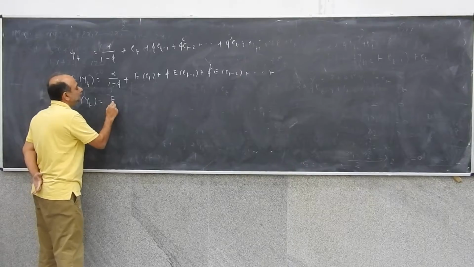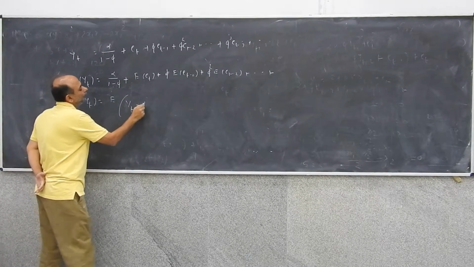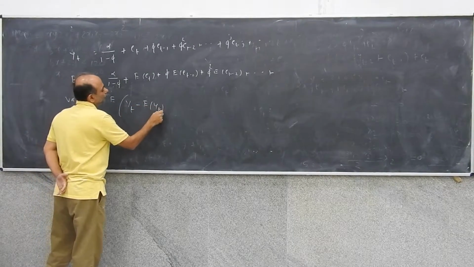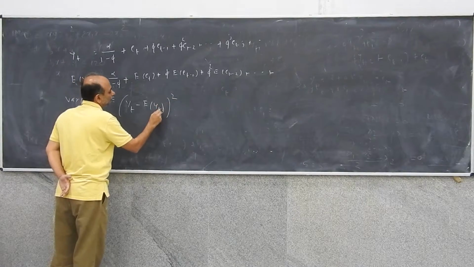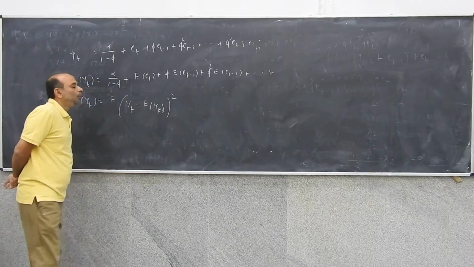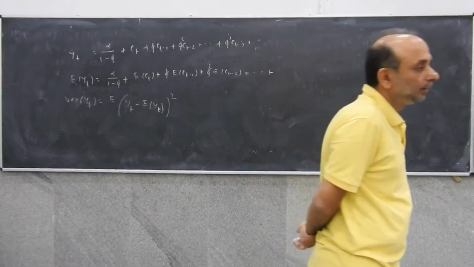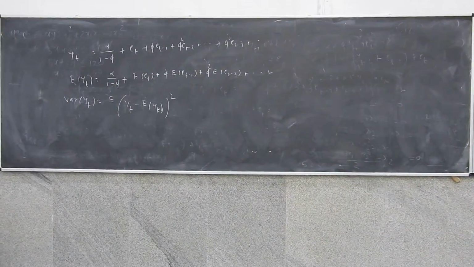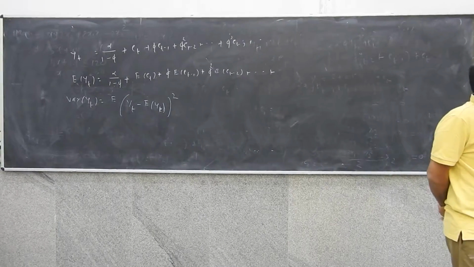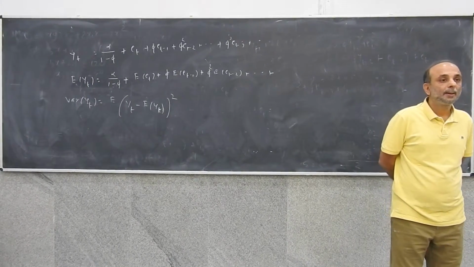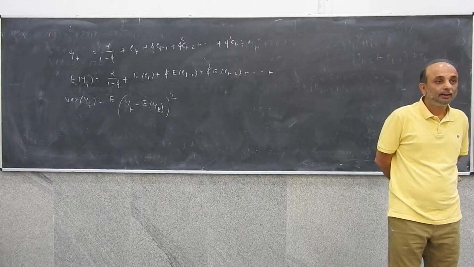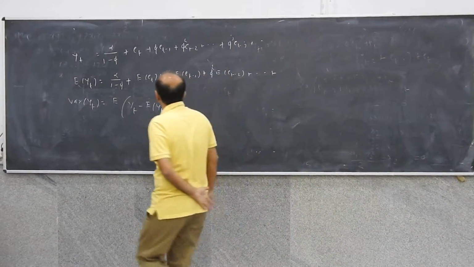It will be the expectation of yt minus expectation of yt, the whole square. Okay? Right? What will that be equal to?